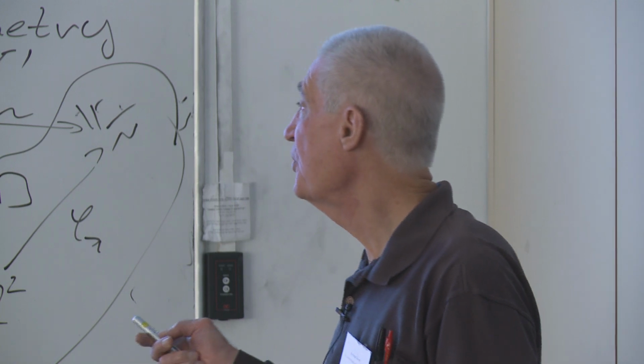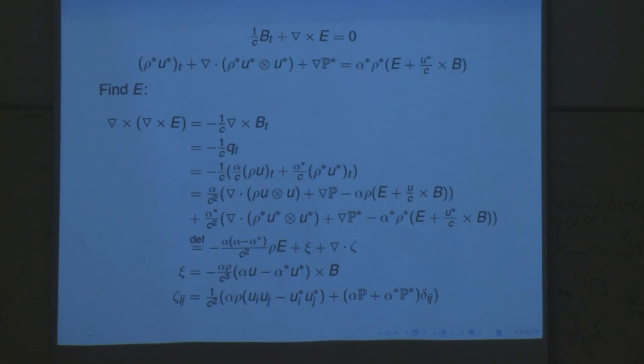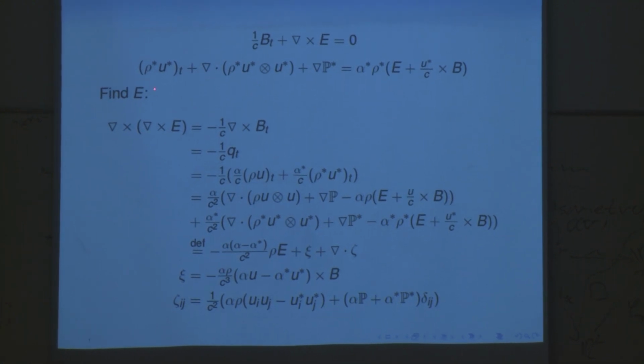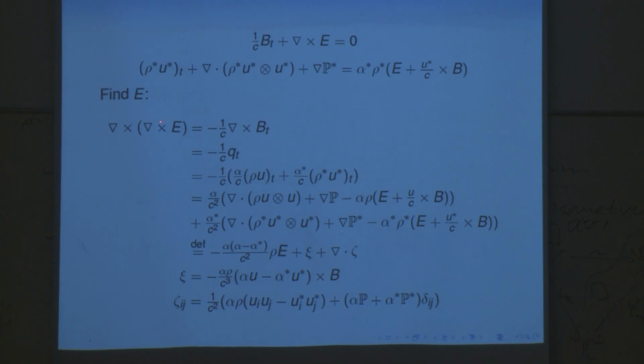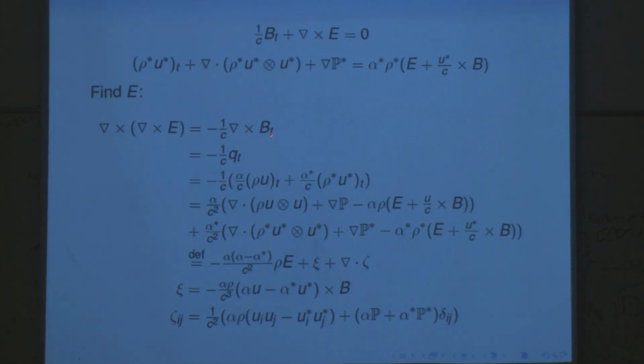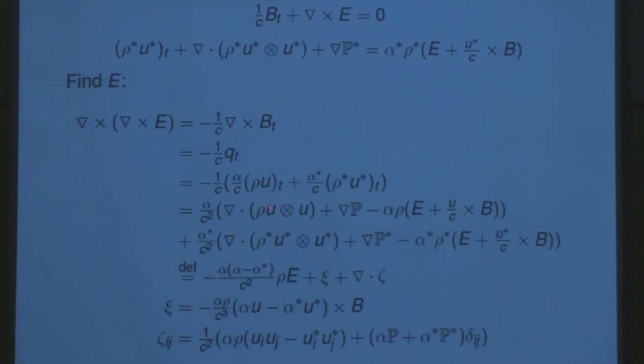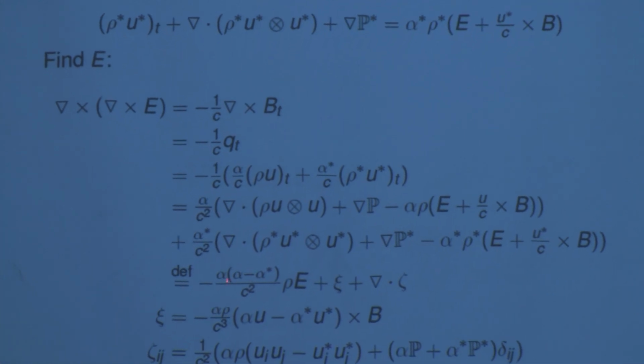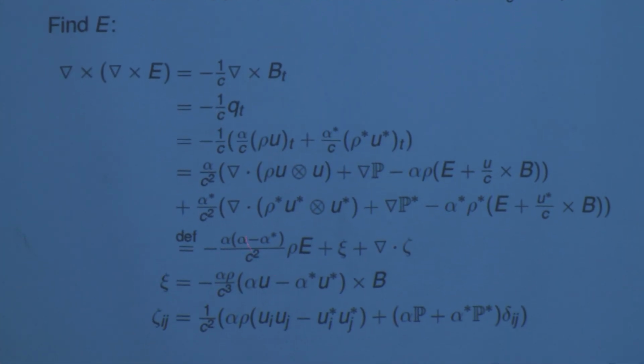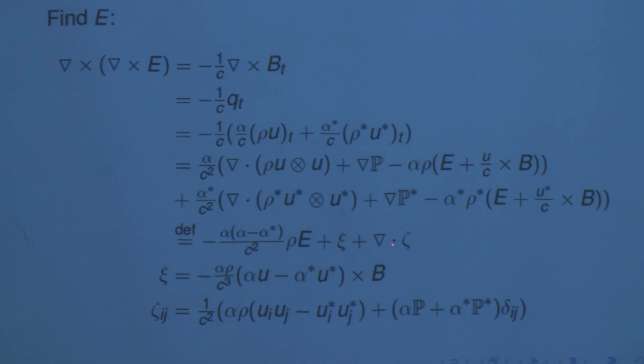Okay, so we want to use Faraday and the momentum equation, which we want for the electrons, to find E. And it turns out that can be done. This is the nice result here. Curl E is this. You go through and you get something with the minus sign. This piece is positive times E plus a bunch of garbage, which collects all of these other terms which you think you know.